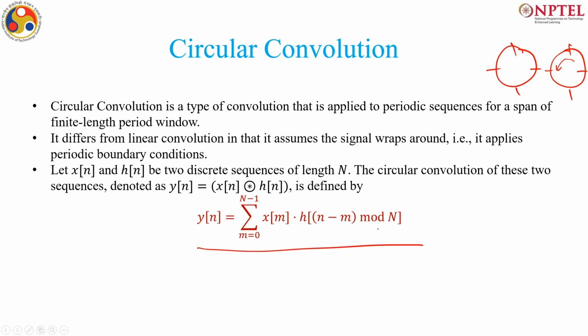This modulo operation is just depicting the same. Say you have a signal 1, 2, 3, 4. Since this is a periodic extension, after 4, 1 will come and before 1, 4 will come, like this. You take any window, and when you are shifting, it is like a circular rotation.